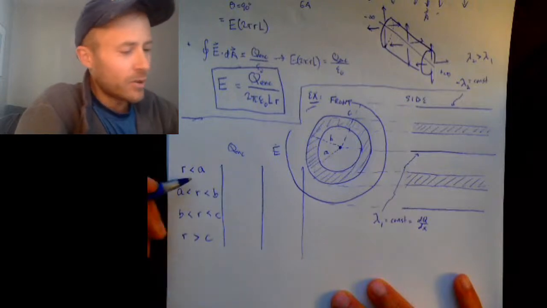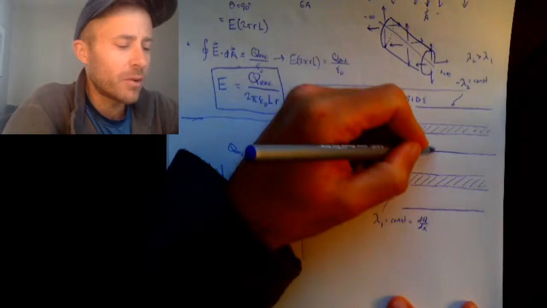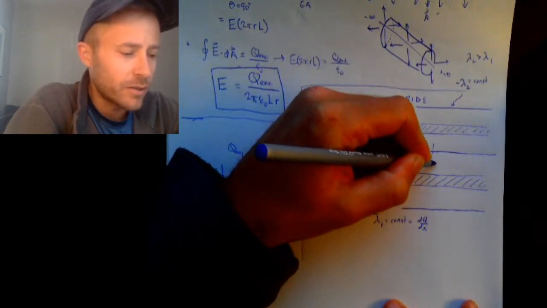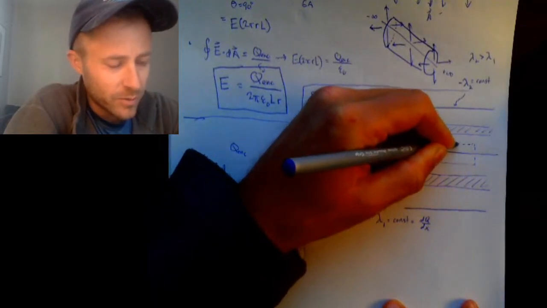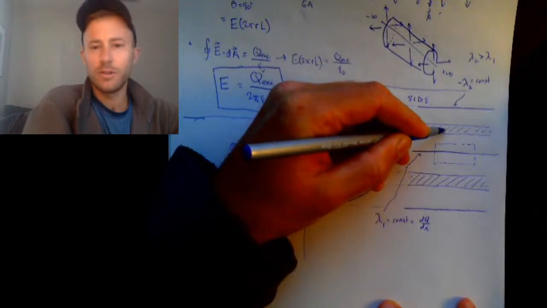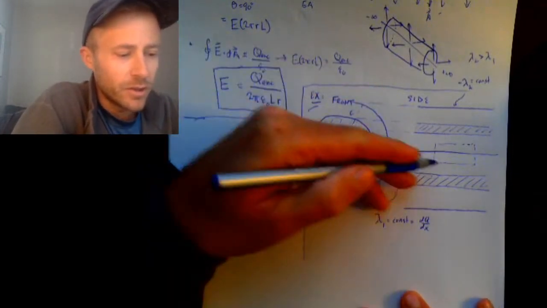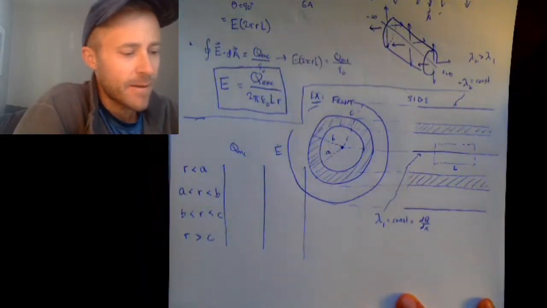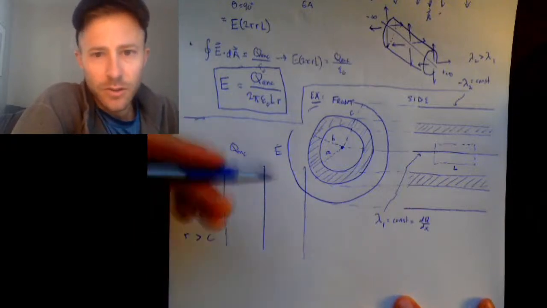So if R is less than A, then that means that our Gaussian cylinder is kind of like this. It's not big enough to pass into the conductor. And our Gaussian cylinder is always going to have some length L. So how much charge is this enclosing?